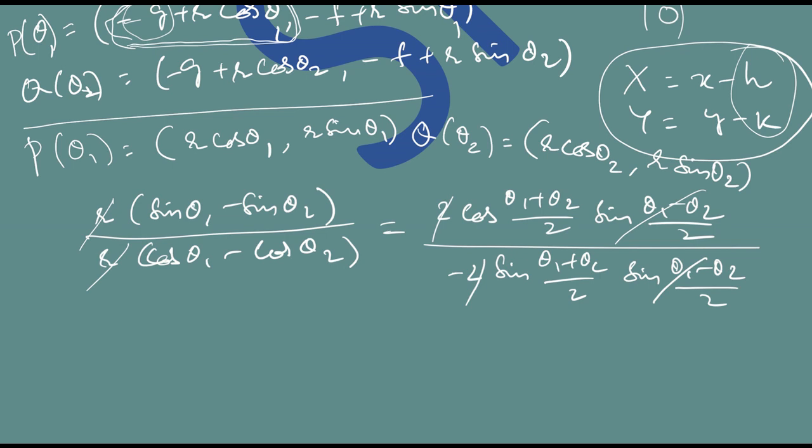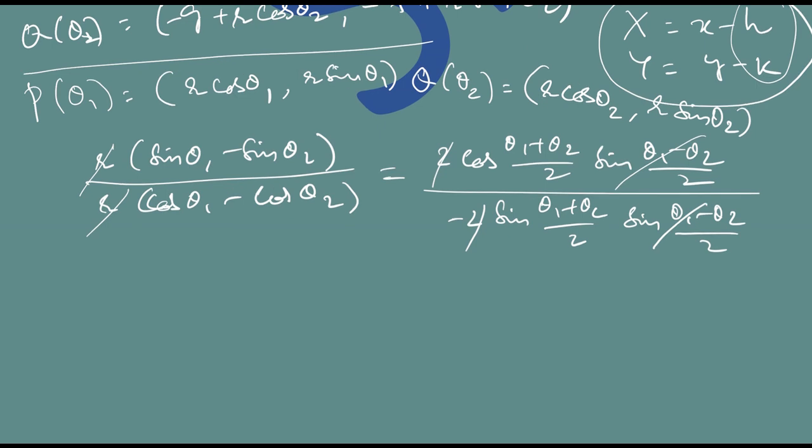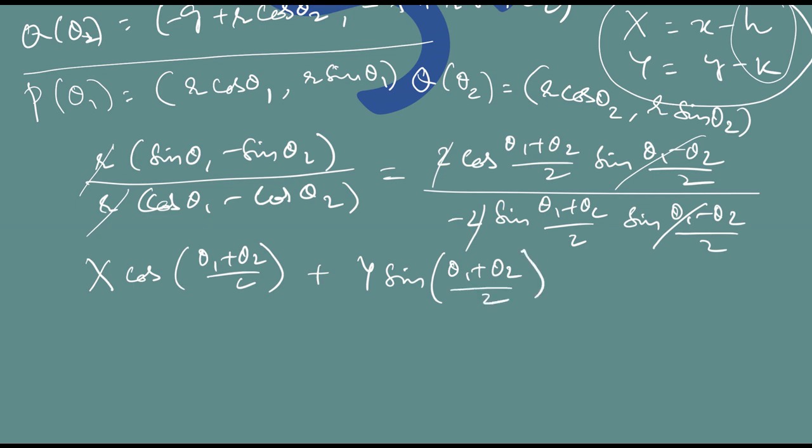Therefore, the equation of the chord in the new system is capital X cos of (theta 1 plus theta 2)/2 plus capital Y sin of (theta 1 plus theta 2)/2 is equal to... it is passing through a point.